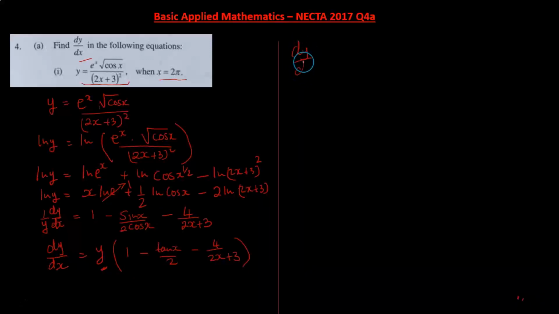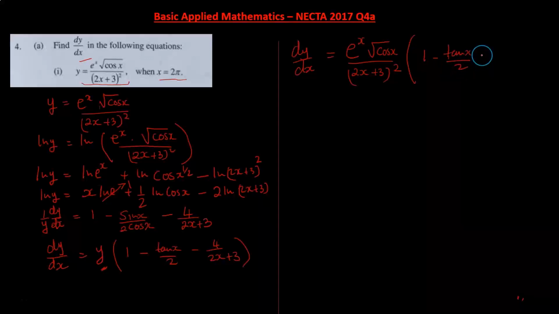We're going to substitute the y in, so dy/dx is equal to e^x square root of cos x, everything over (2x + 3)². That's just the y, and then we have what is left: 1 minus tan x over 2, minus, beg your pardon, minus 4 over 2x + 3.